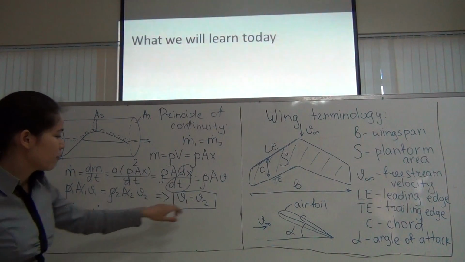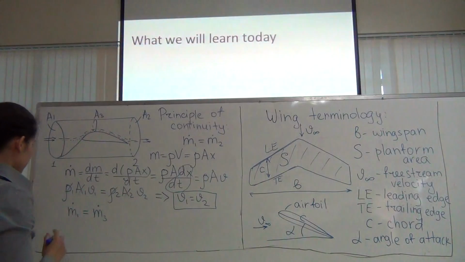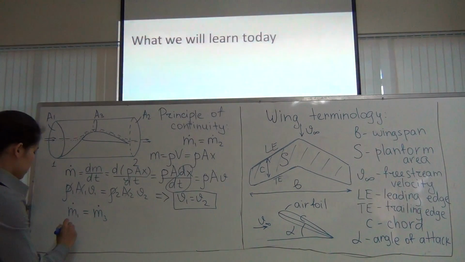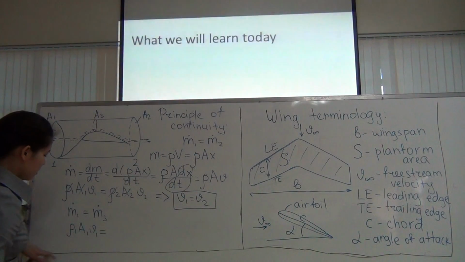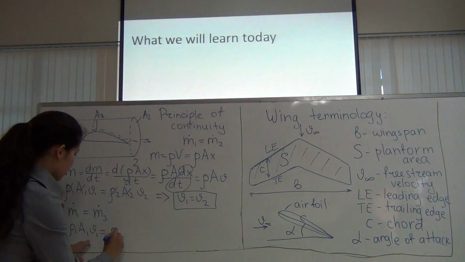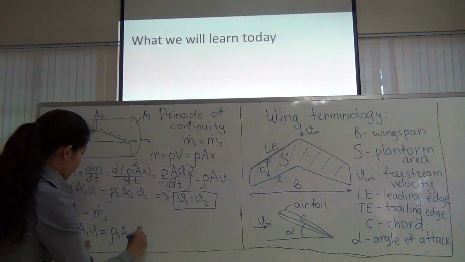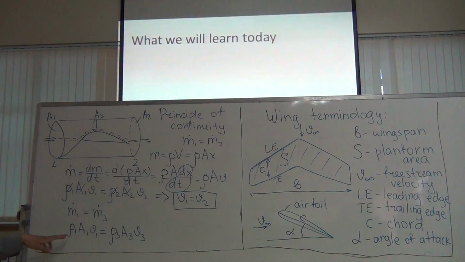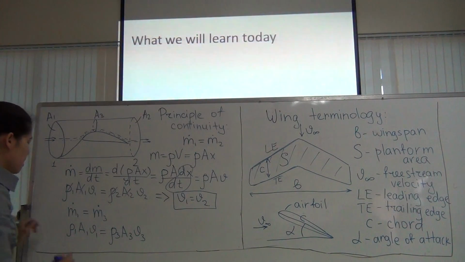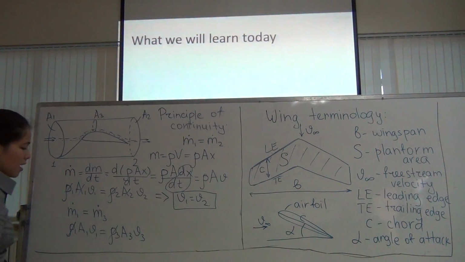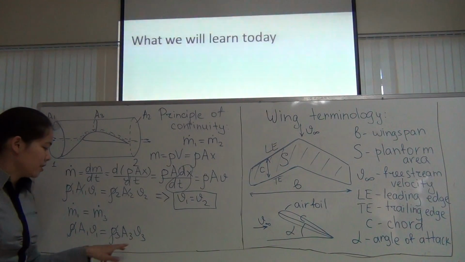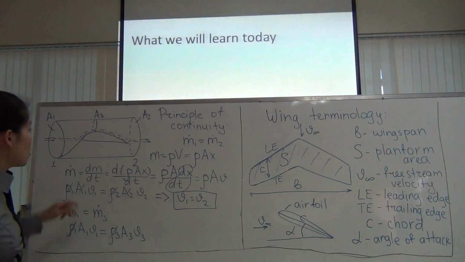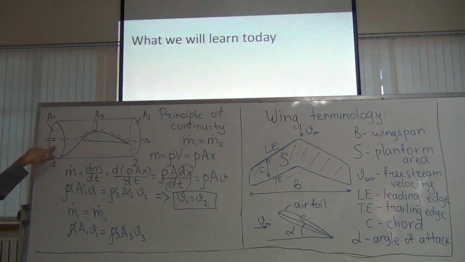And then if we substitute the same expression for mass flow rate, this will give us rho 1 A1 V1 equal to rho 3 A3 V3. And we can make the same assumption for the density. We assume the incompressible flow at low velocities. And this will leave us with A1 V1 equals A3 V3. But we know that A3 is a lot smaller than A1.